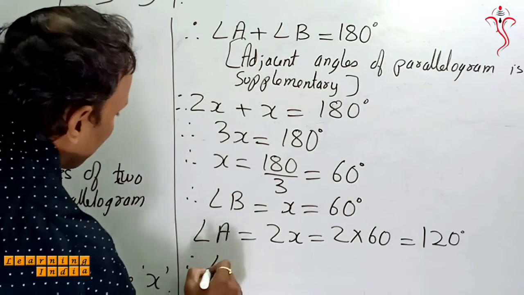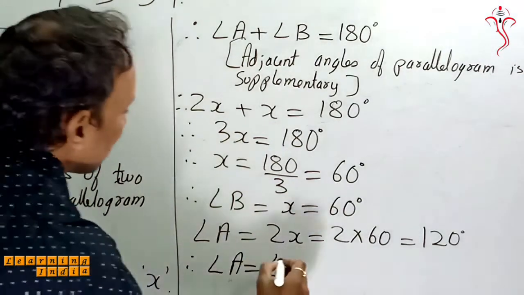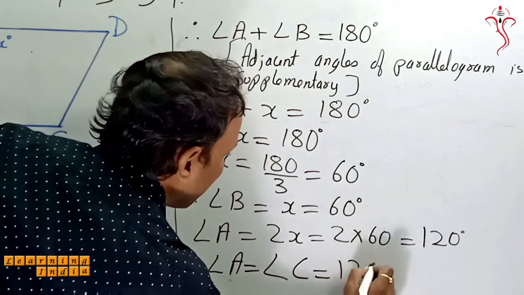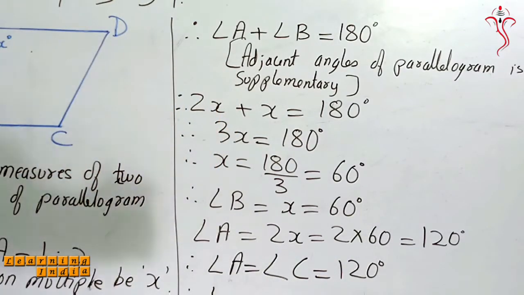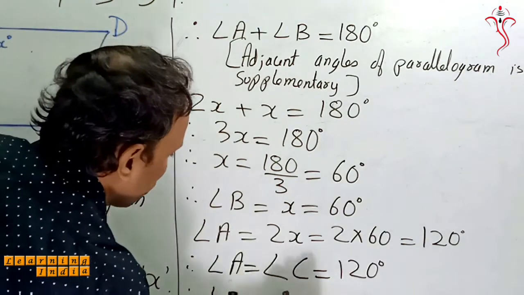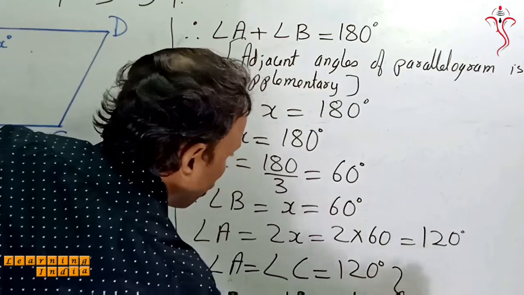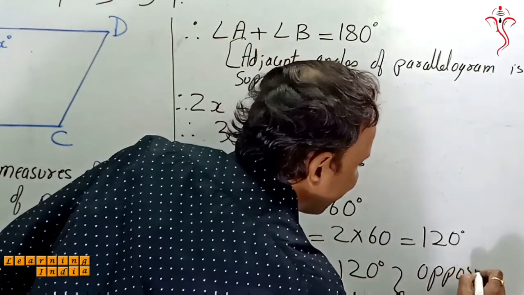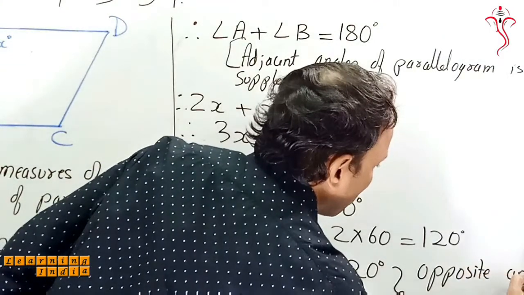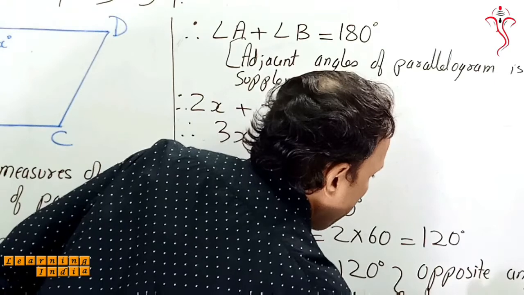Angle A is equal to angle C is equal to 120 degree and angle B is equal to angle D is equal to 60 degree. दोनों का रीजन आएगा opposite angles of parallelogram.